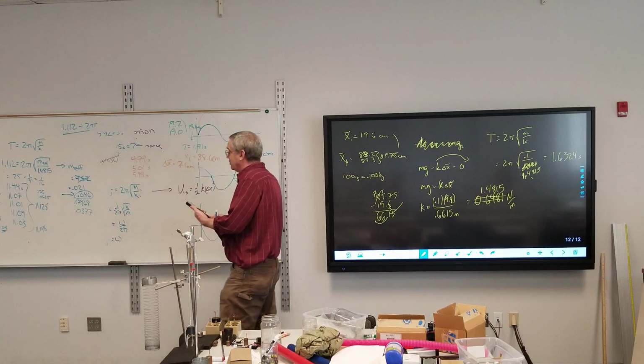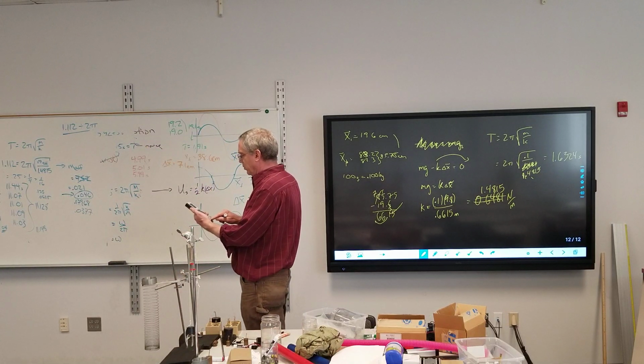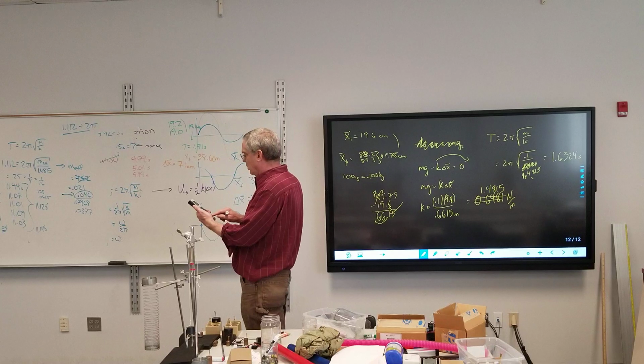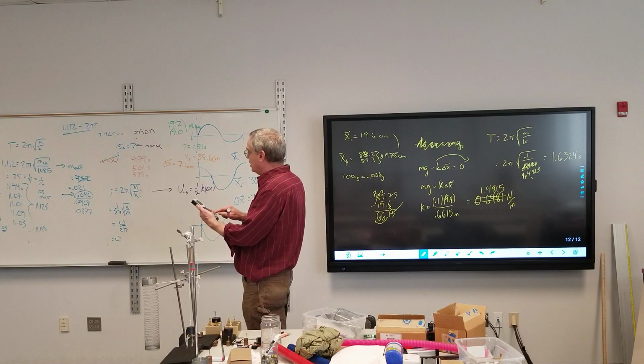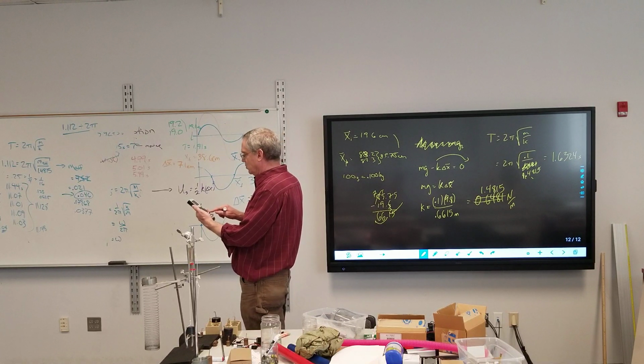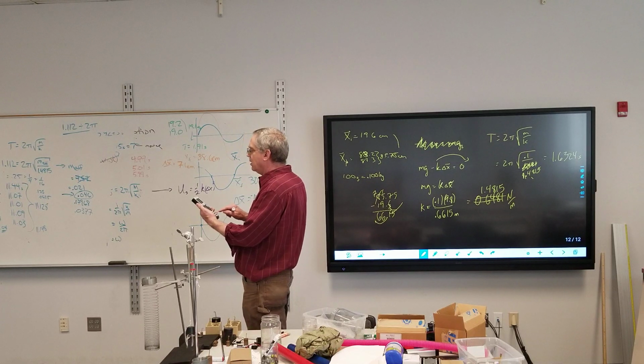Okay, so I have 11.128, divided by 2, divided by 1.6, times 3.14159, and I get 0.1777.